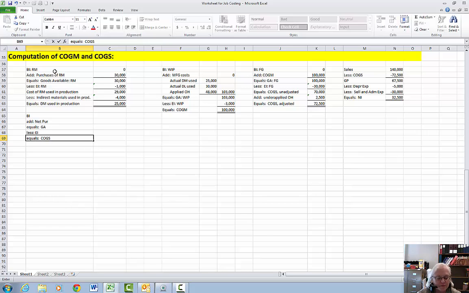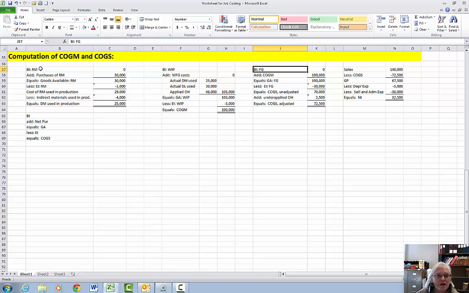Okay, we're going to take that basic formula because it's easy to remember, and we're going to apply it to the inventory accounts for raw materials, work in process, finished goods. We're going to make a couple of tweaks to them, but not a whole lot.